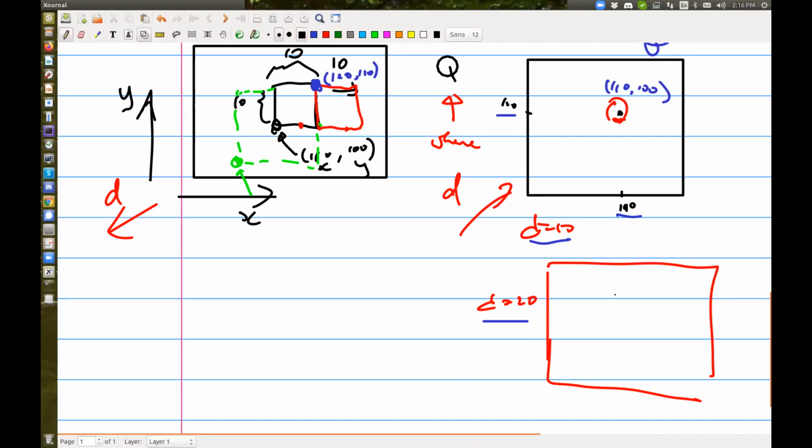For d equal to 20, you have somewhere here, 190. So if you also detect different sizes of squares, you will have a three-dimensional transform.